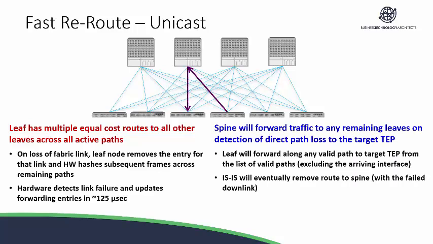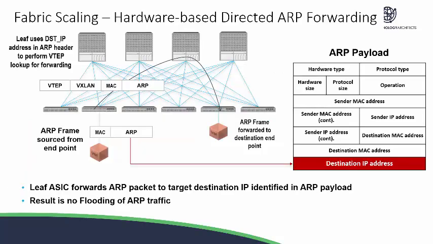The leaf will forward along any valid path to the target TEP from the list of valid paths, and ISIS will eventually remove the route to the spine with the failed downlink.